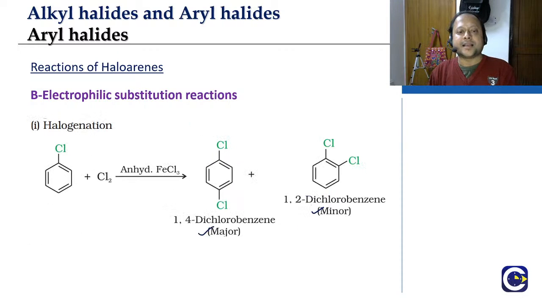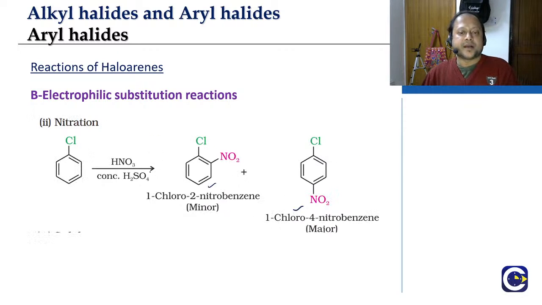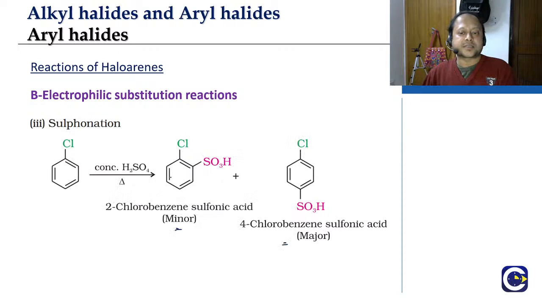So what are the electrophiles here? In the case of halogenation, since chlorination is happening, it is Cl plus that is your electrophile, right? In the case of nitration, you have NO2 plus as the electrophile with H2SO4 as the catalyst. In the case of sulfonation, obviously you remove OH and you get SO3H with a positive charge, which is also acting like the auto catalyst, right?